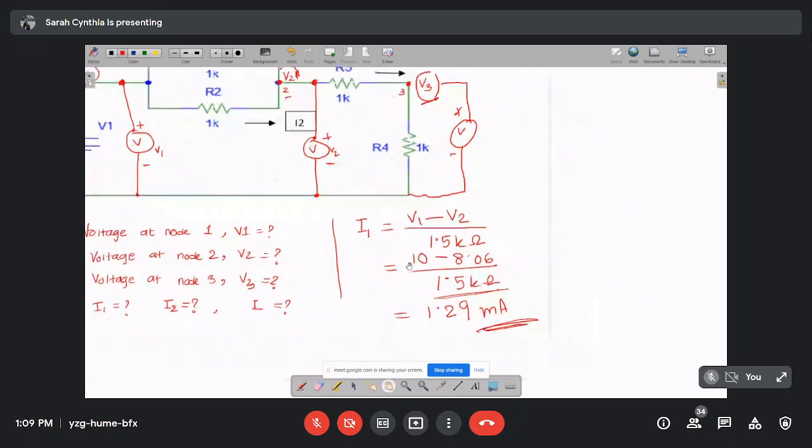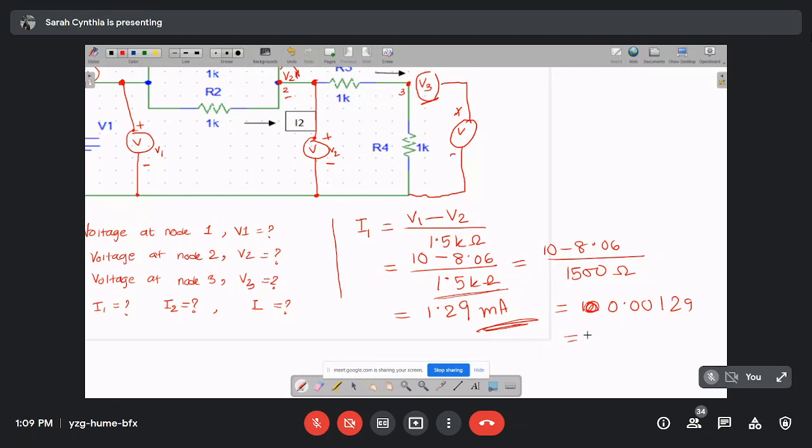Okay, so if you cannot figure it out directly, I will show you like this. 1.5 kilo ohm basically means 1500 ohm, right? So what you will have is around 0.00129.